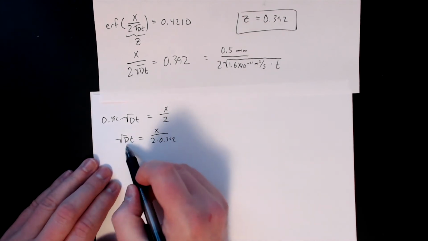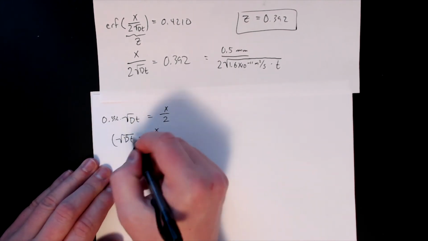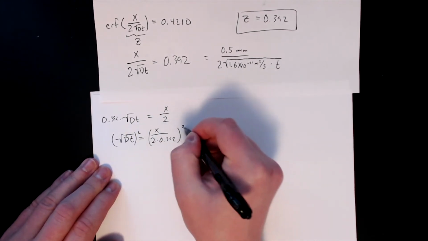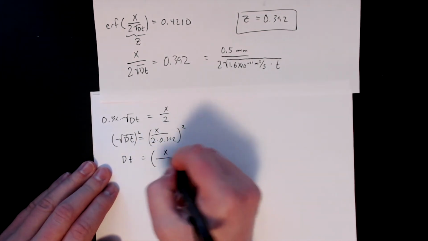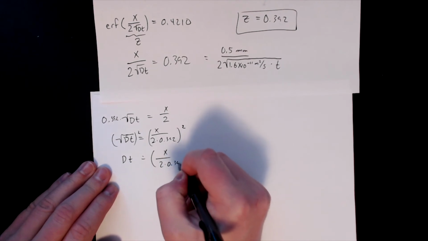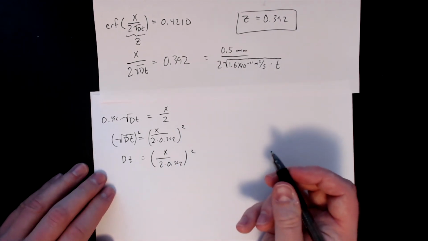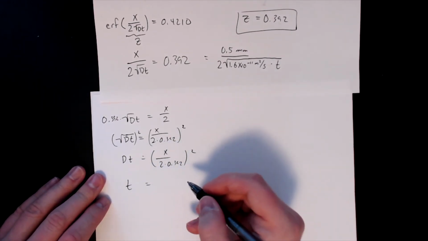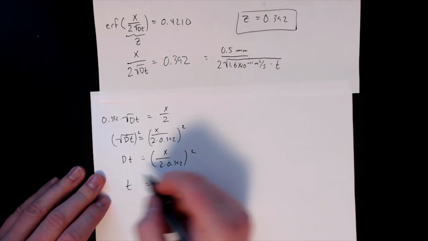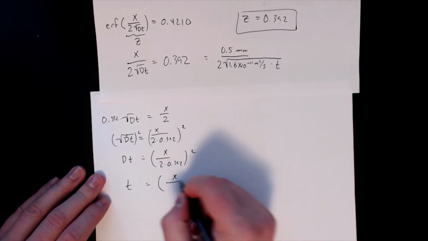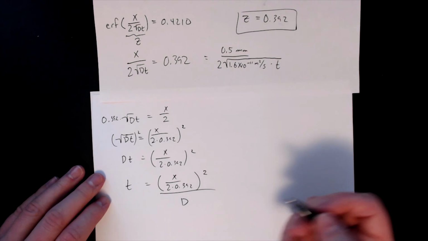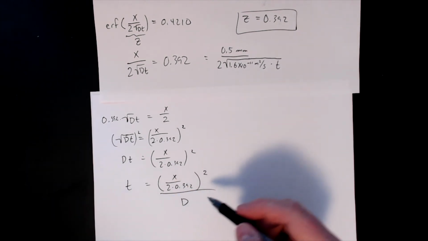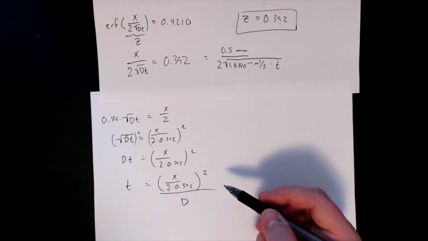And then if we want to find out what t is, we've got to take the square of both sides. And so that would be dt equals x over this squared. And then if we want to get time, that's going to be all of this divided by d. So it's usually better to do this before you start plugging in numbers, in my opinion.